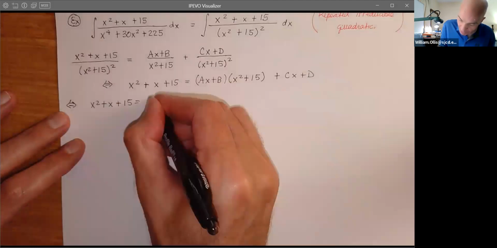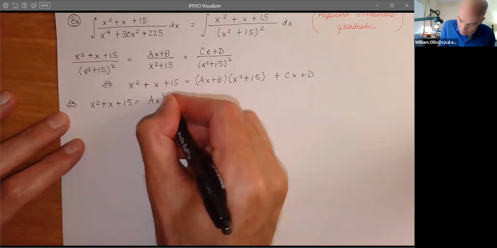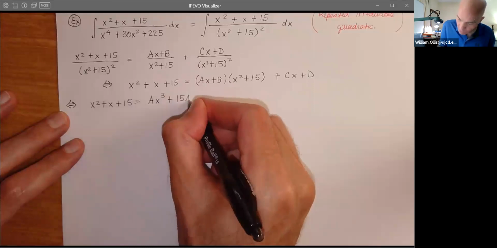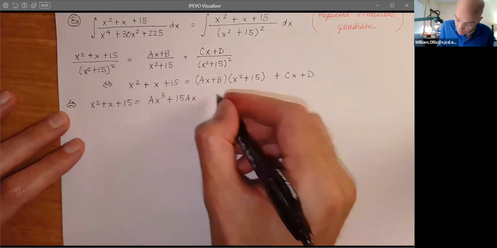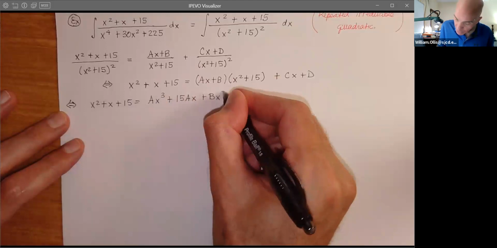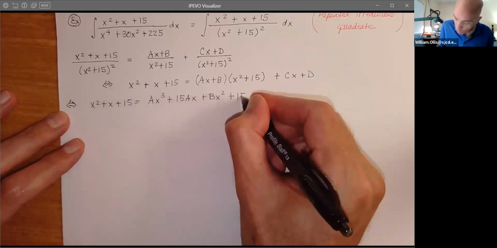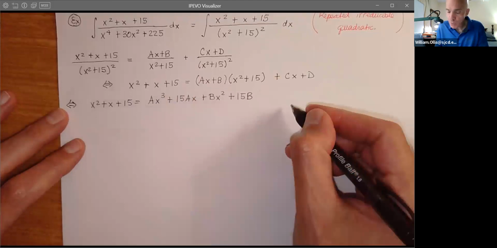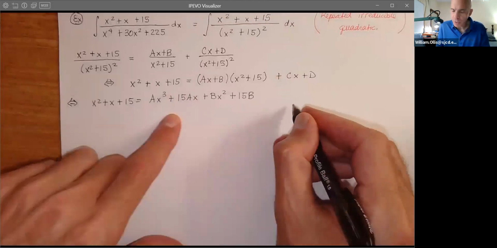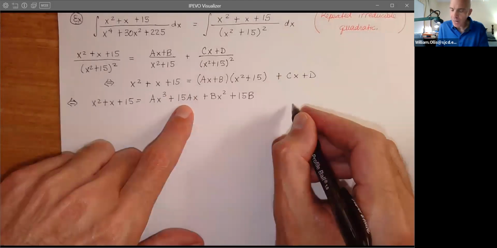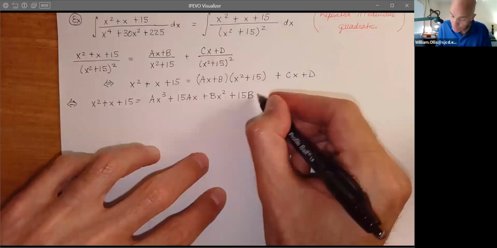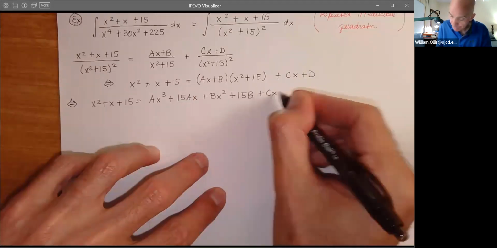We're going to get ax cubed plus 15ax, just hit everything with an ax, plus bx squared plus 15b. The order you write these is yours. I just put the 15 in front of the b, but you do exactly what you want to do. There's nothing sacred about what I'm writing here. I think I'm just a creature of habit. And then of course we have plus cx plus d.